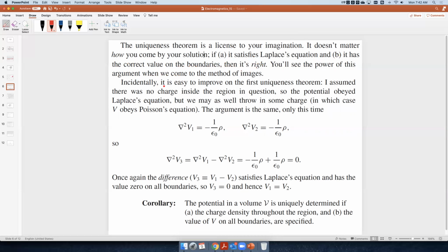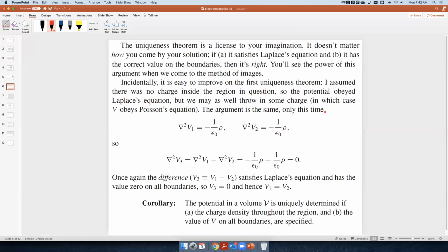Incidentally, it's easy to prove the first uniqueness theorem. We assumed there was no charge inside the region, so the potential obeys the Laplace equation. But now let's see a more complicated case. We may as well throw some charges in the region that you considered, and then it becomes the Poisson equation.